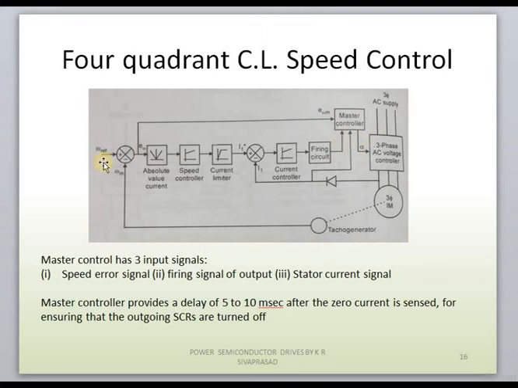That means negative speed will occur when the reference is less than the actual speed. So with that signal, the motor will operate. The 4-quadrant operation is possible by using this closed loop arrangement. And the master controller also provides a delay of 5 to 10 minutes after zero current is sensed, for ensuring that the outgoing SCRs are turned off.